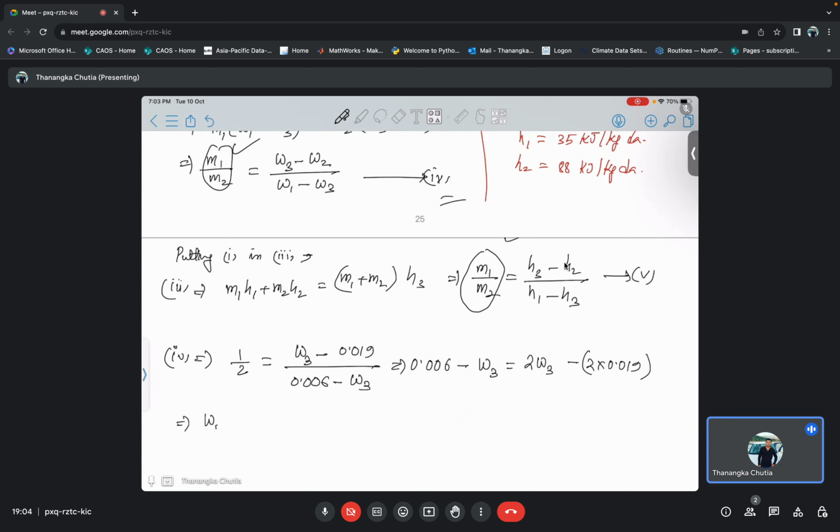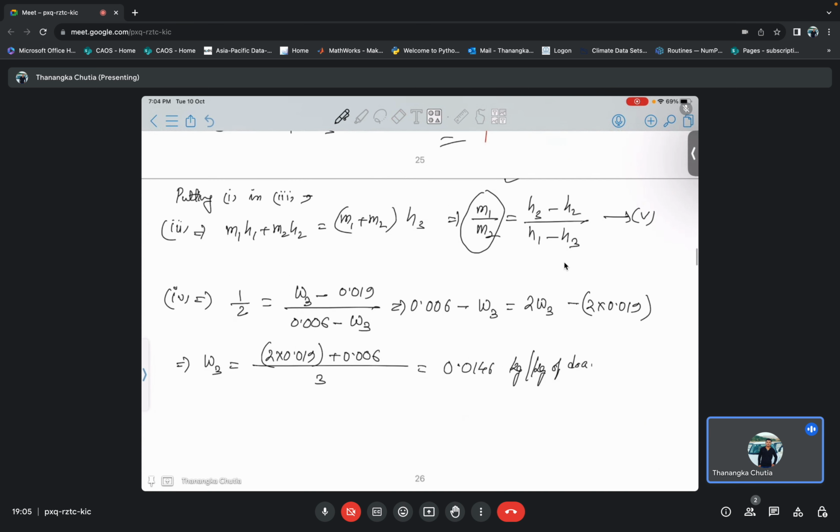So W3 is nothing but 2 into 0.019 plus 0.006 divided by 3. So you'll get this as 0.0146 kg per kg of dry air.